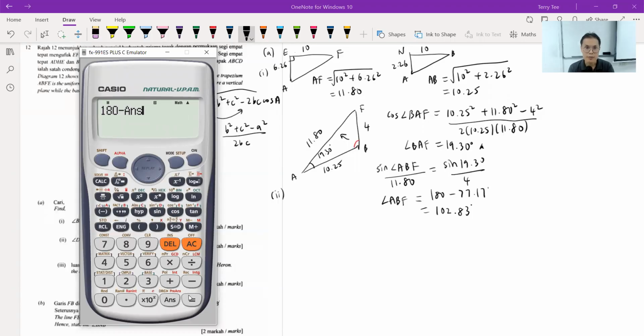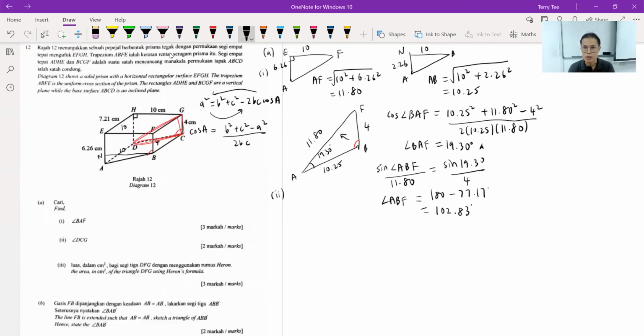And like I say, angle ABF is the same as angle DCG. So we write here, therefore, angle DCG is 102.83. All right. So the first part A, we're done. That is for Roman 1 and 2.